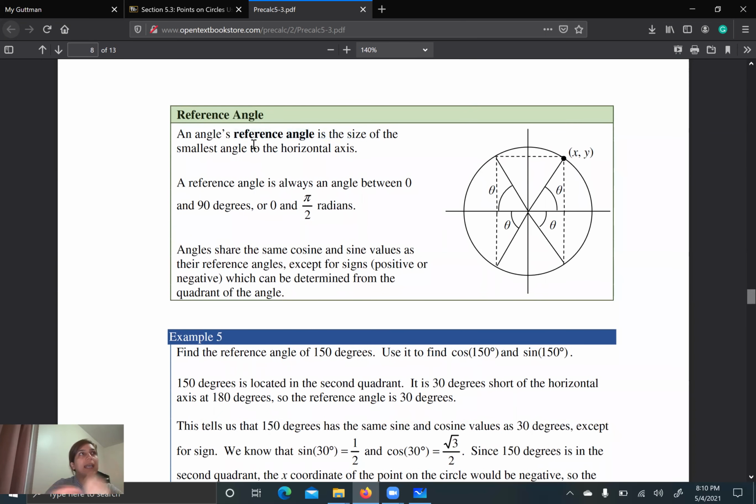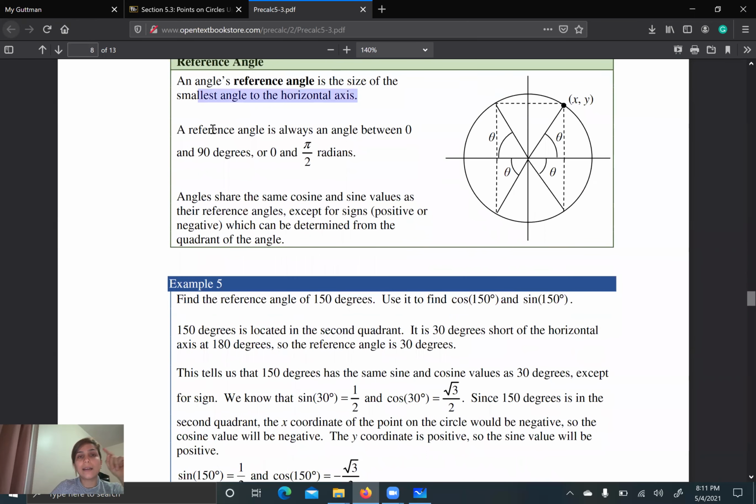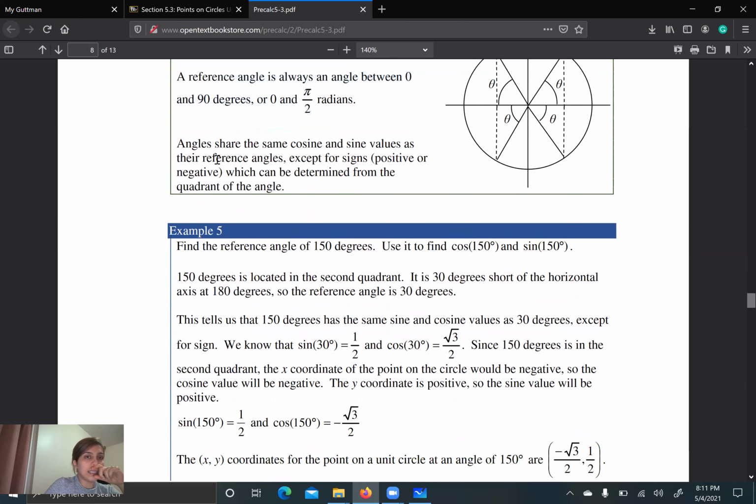If you know, for example, the sine and cosine for 30 degrees, then sometimes you can use that to calculate another angle. That's where the reference angle comes in. So what is a reference angle? Reference angle is the size of the smallest angle to the horizontal axis. I'm going to show you an example. And just remember that the reference angle must always be between 0 and 90.